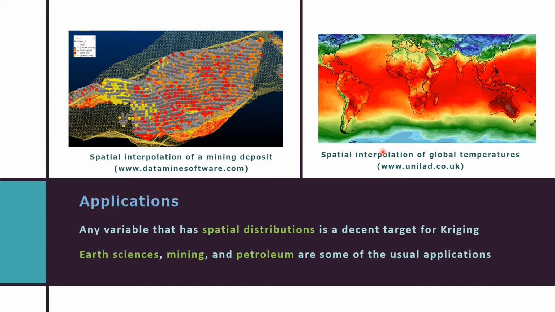Of course, there are finite samples of the world's temperature at different locations, but this map illustrates temperatures everywhere. That is also a case of spatial interpolation. But of course, the major applications are still in earth sciences, in mining and petroleum, and that will be the focus of our seminar too.